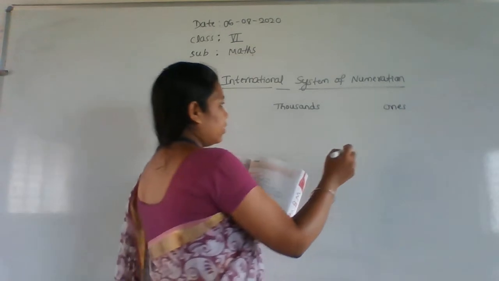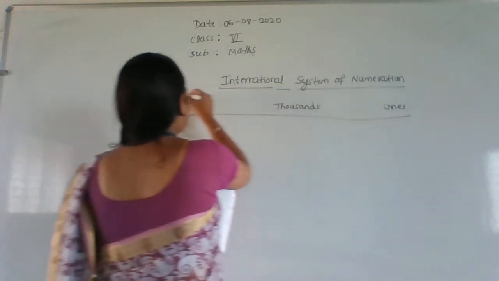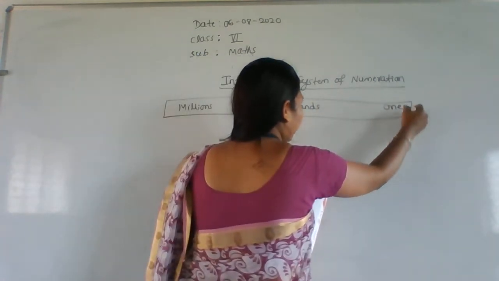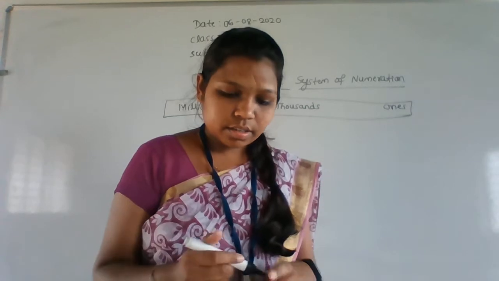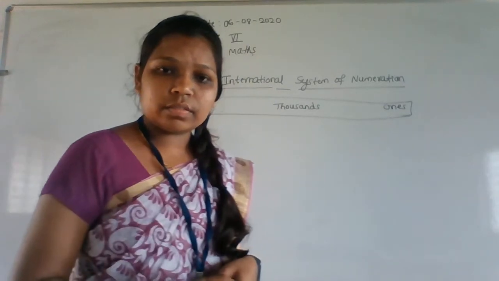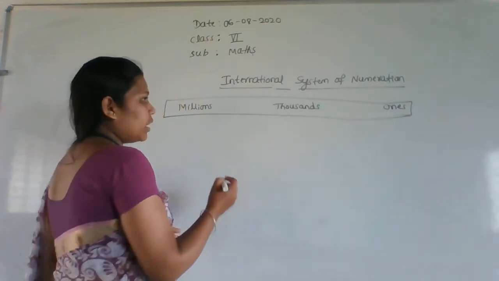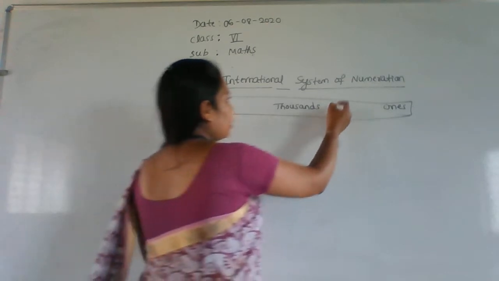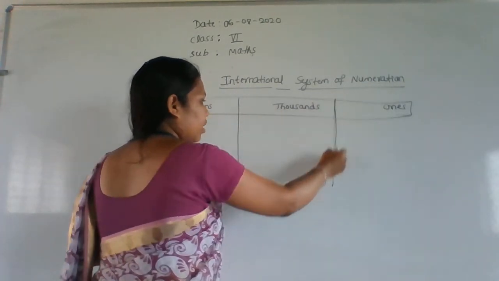So this is the international system of numeration here. In that they have given here, this is the ones and this is the thousands.